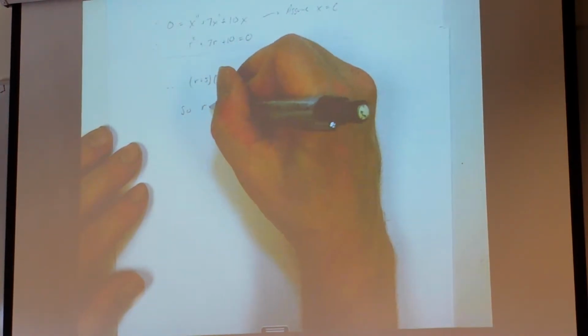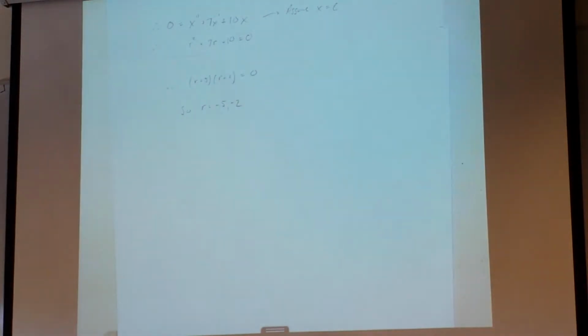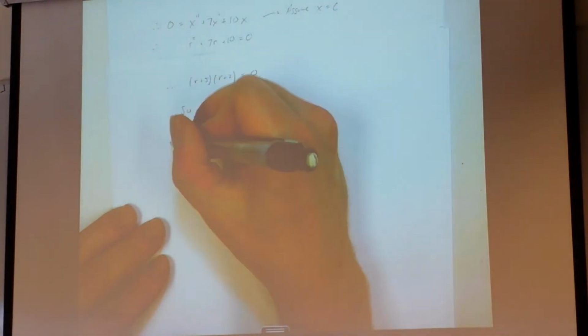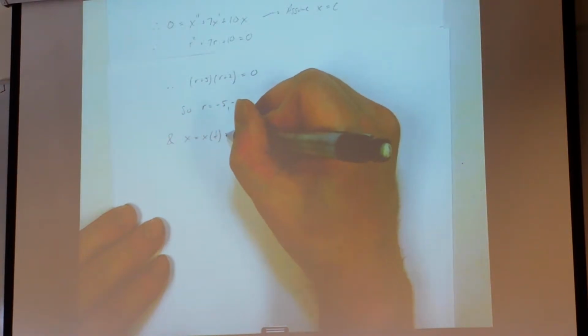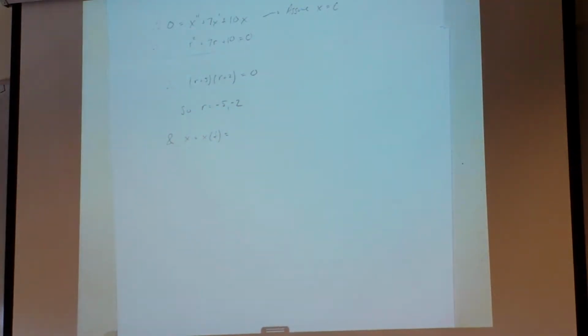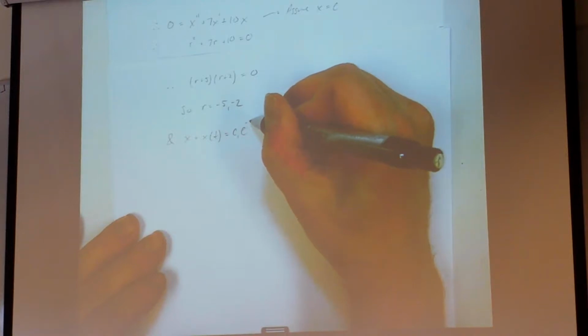So the solutions would be -5 and -2, right? Distinct real solutions to the characteristic equation. So x of t will be what? C1 e to the negative 5t, sorry, plus C2 e to the negative 2t.